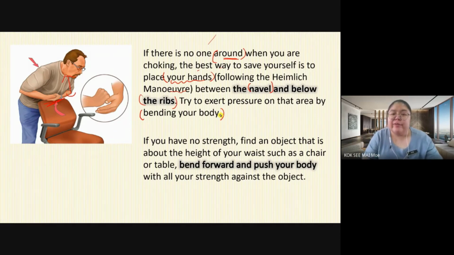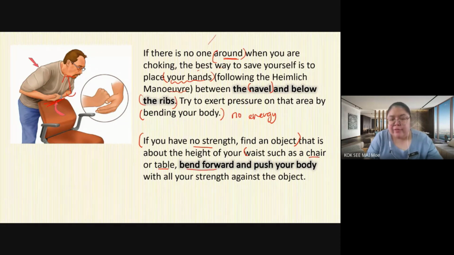If you don't have enough energy, you're very weak and your hand has no strength, you need to help with an object. If there's no strength, find an object about the height of your waist, like a chair or a table.